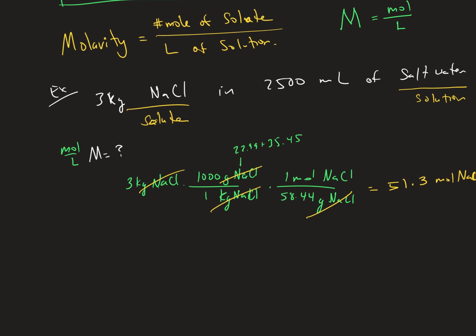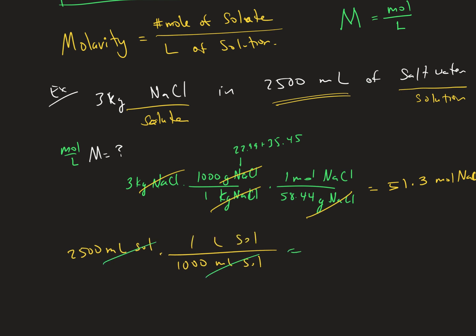All right. Then we can convert this 2,500 milliliters into liters, right? So 2,500 milliliters of my solution. And we have 1,000 milliliters of solution to 1 liter of solution. And that gives me 2.5 liters of solution. I have moles, I have liters. Now what do I do?